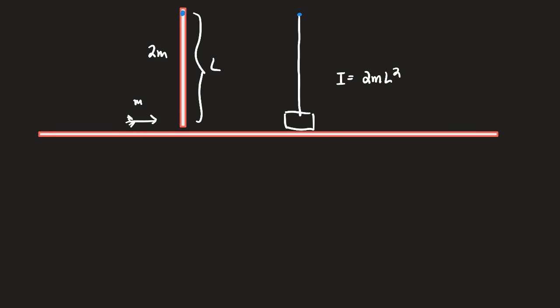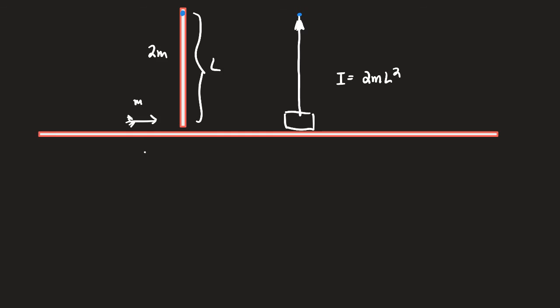It's a point mass, with its mass concentrated a distance L away from the pivot point. So my fulcrum is right up there at the top. And it had a mass of 2m. So using my relationship for a point mass moment of inertia, I get 2mL squared.